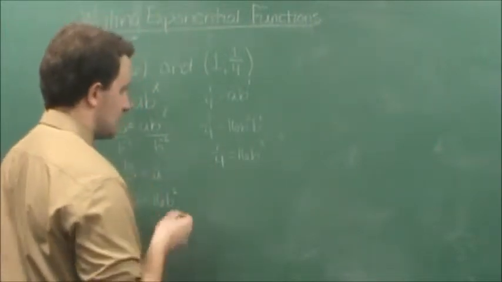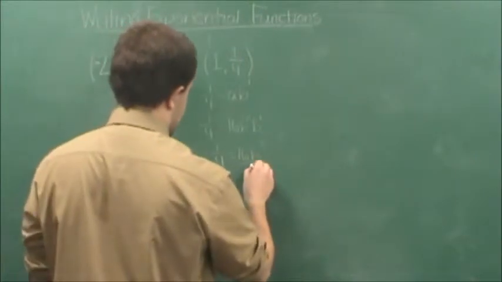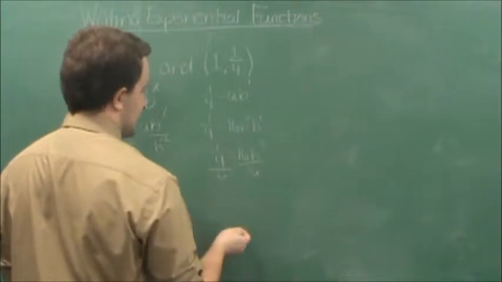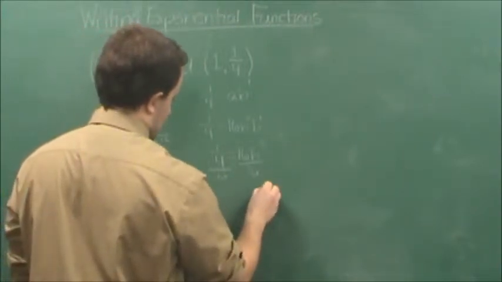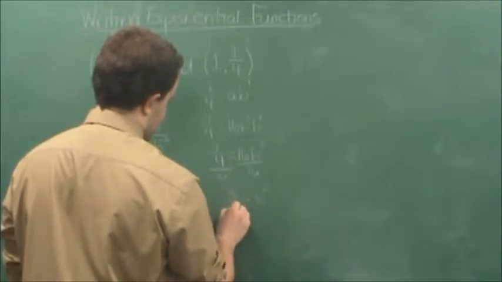Now it just comes down to a little bit of algebra and solving for b. First step, divide both sides by 16. We're left with b cubed equals 1/4 divided by 16.